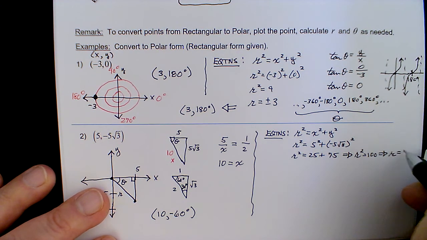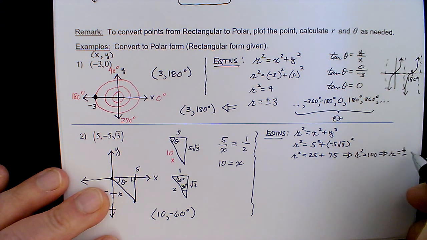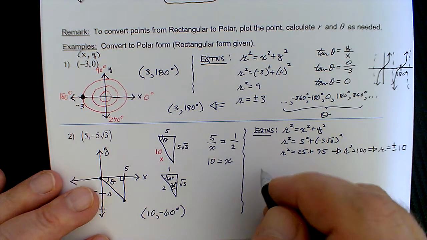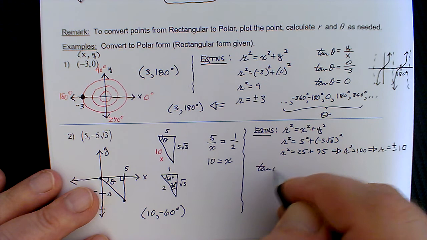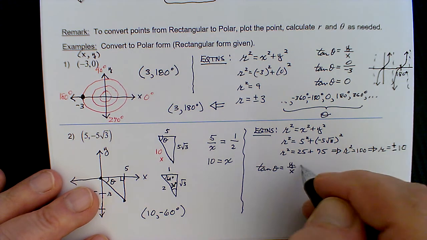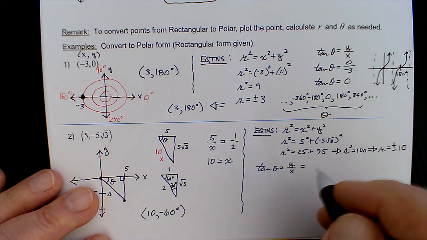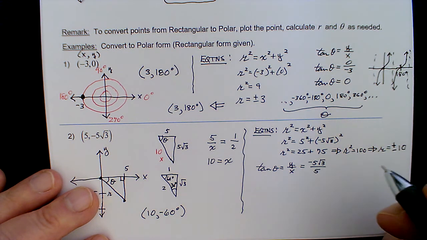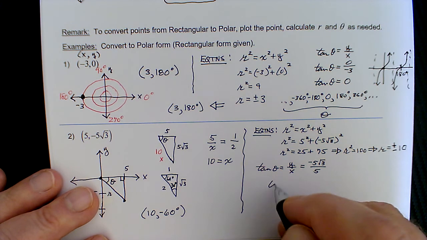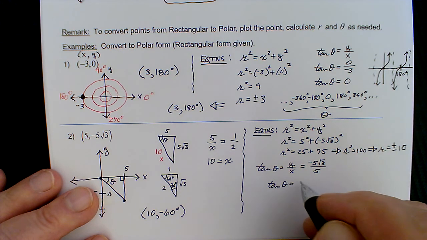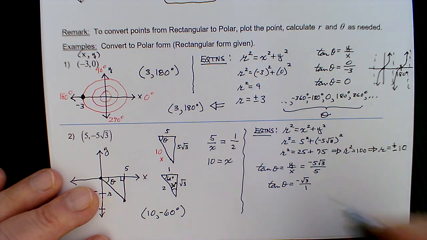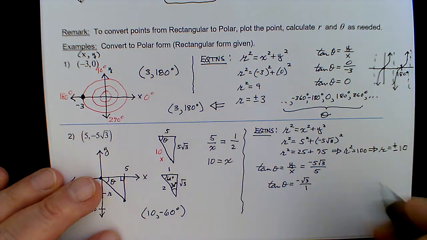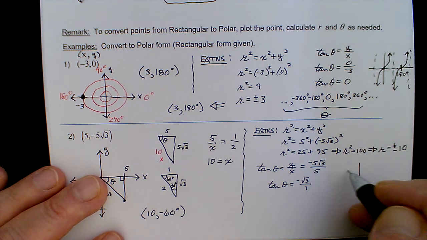And again, the choice, positive or negative 10, depends on what angle we're going to choose, and the angle is determined by the tangent function. So tangent's y over x. Y is negative 5 radical 3 over x, which is 5. So tangent theta is negative radical 3 over 1. If you wanted the exact value, you'd still have to know you're in quadrant 4, so you plot it.